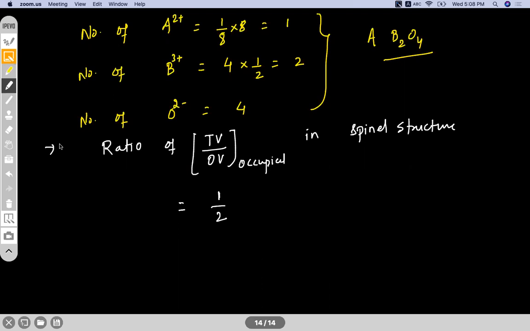They can also ask you TV by OV unoccupied in this. That would be 7 by 2: 7 are unoccupied, and out of 4 octahedral voids, 2 are occupied, so 2 are unoccupied. So 7 by 2 is the answer.